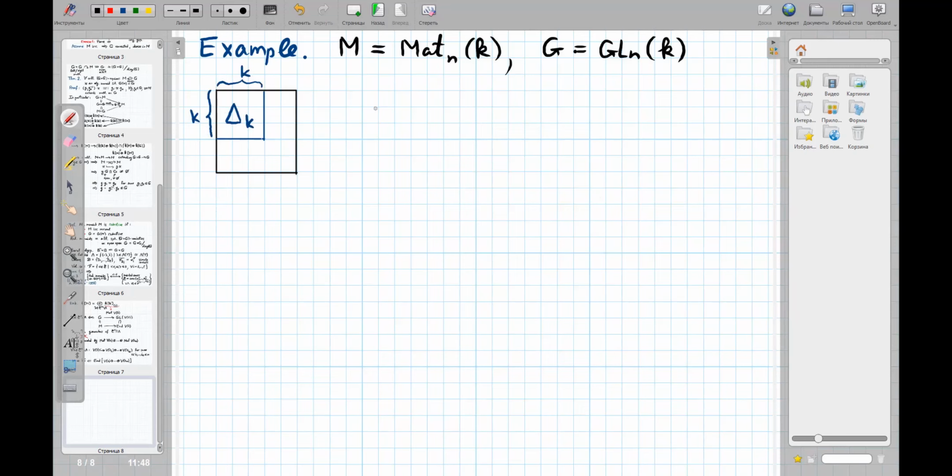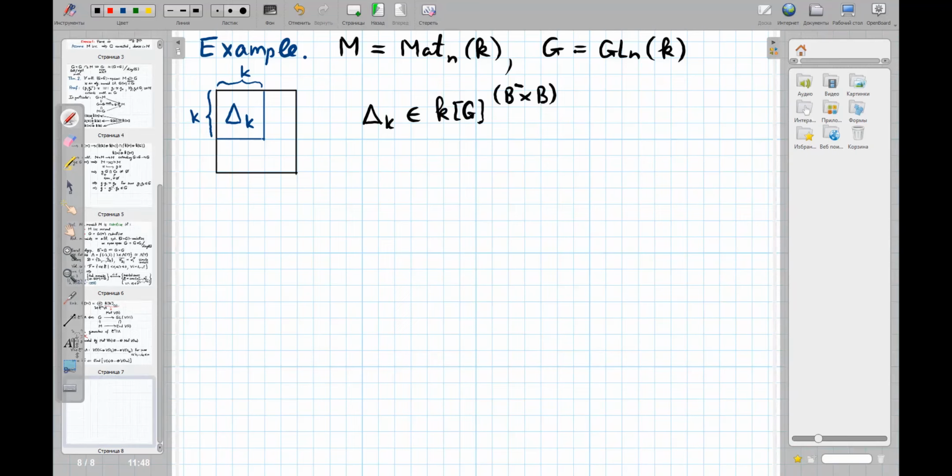These delta K's are polynomial functions on G, which are semi-invariant with respect to the Borel subgroup B minus cross B, where B is the usual subgroup of upper triangular matrices, and B minus is the opposite Borel subgroup of lower triangular matrices in GLN.